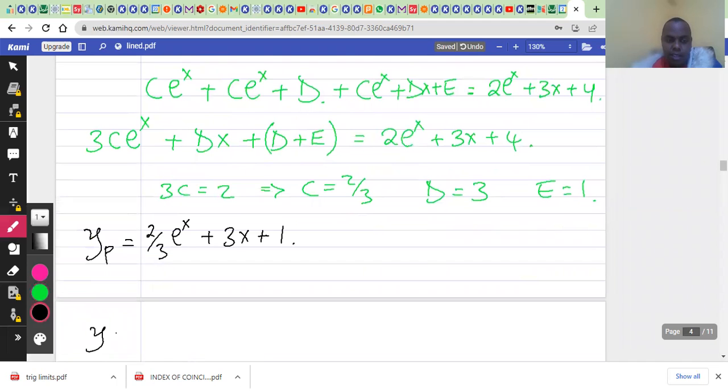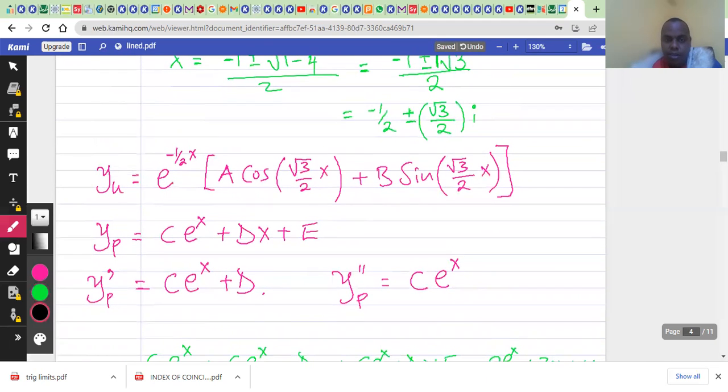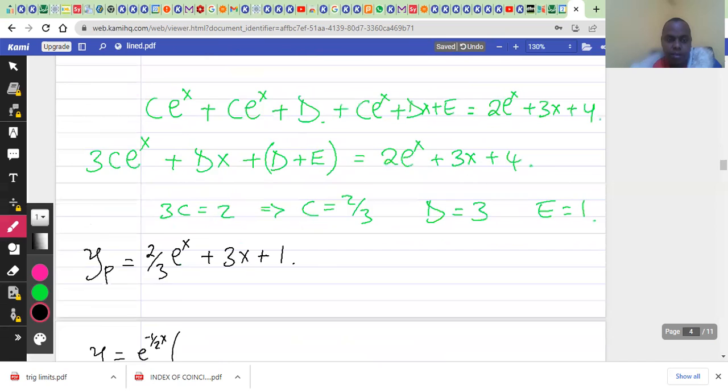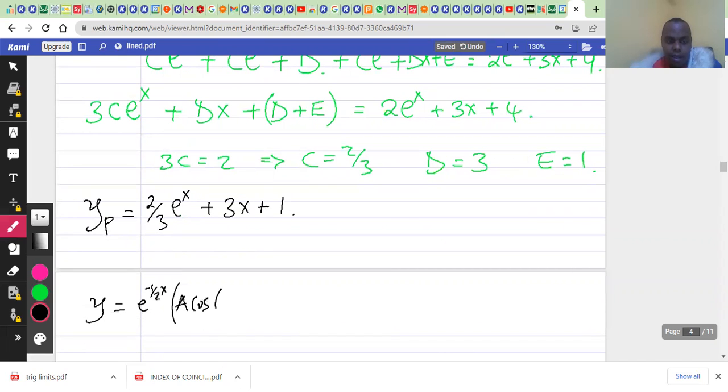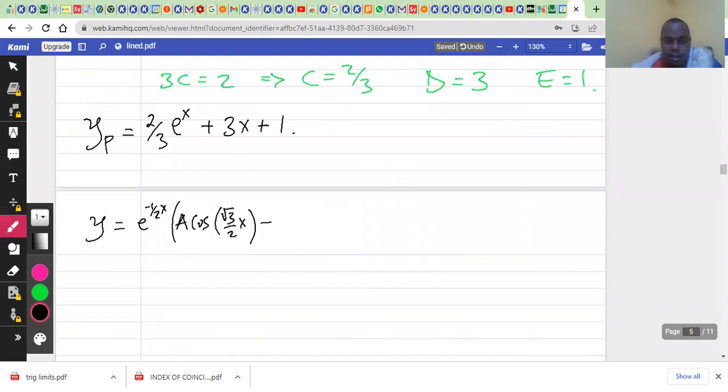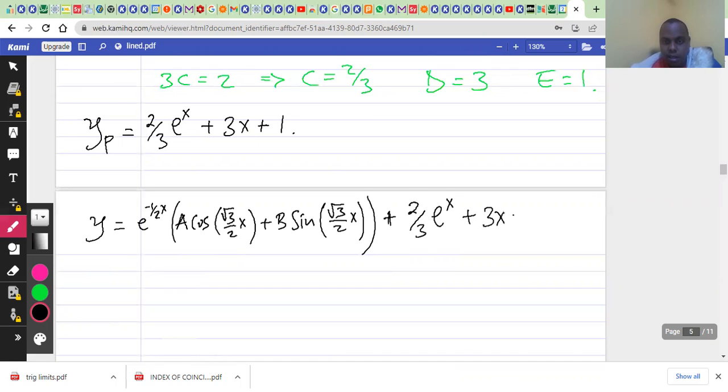And so the overall solution is going to be a combination of the homogeneous solution, which was this big guy, e to the power of negative a half x multiplied by A cosine square root of 3 over 2 x plus B sine square root of 3 over 2 x, plus 2 thirds e^x plus 3x plus 1.